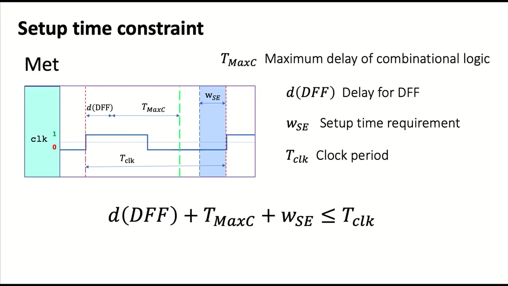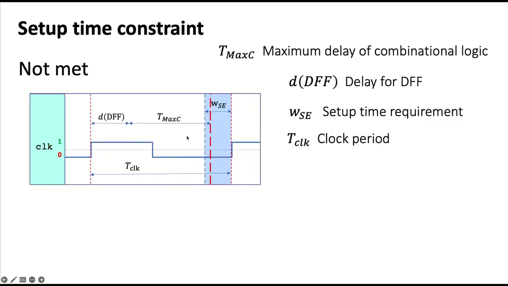Okay, so this is an example of when we would meet the setup time constraint. This is an example where we didn't meet it. It means that the inputs might arrive too late for the setup time. You might not get there quite two hours before your plane leaves.